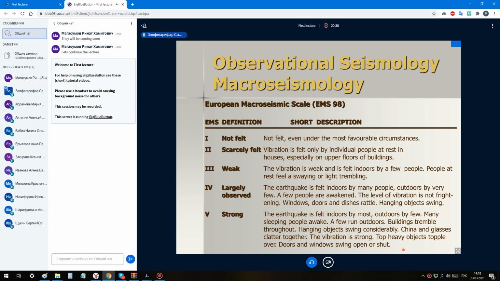The vibration is strong, top-heavy objects topple over, doors and windows swing open or shut. These are the descriptions of level 5 EMS.